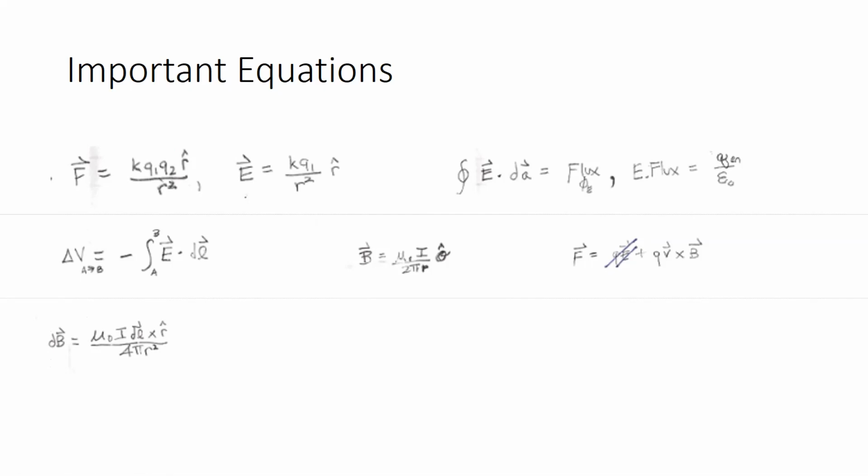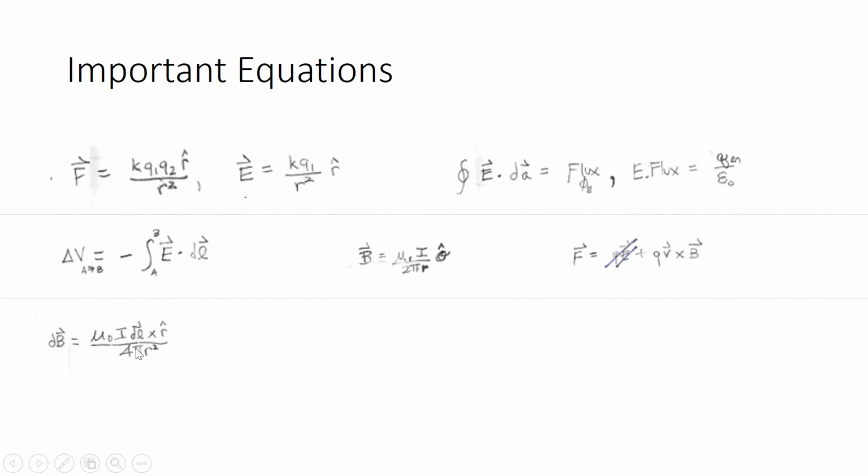It's a bit of a complex equation, but it basically says that if you have a little piece of current, I, with direction dl, and you want to calculate what the contribution of that current is to the magnetic field at a distance r away from that piece of current, you take the current times that differential length, cross product with the unit vector towards that unit length over 4 pi r squared.